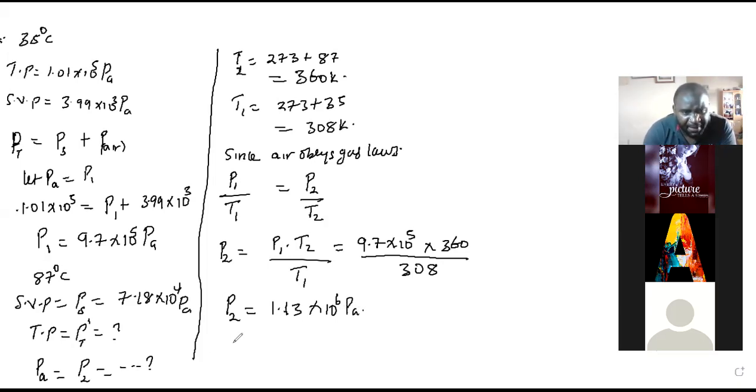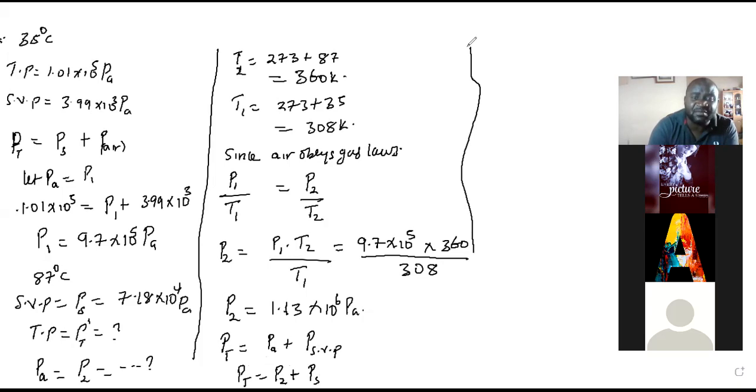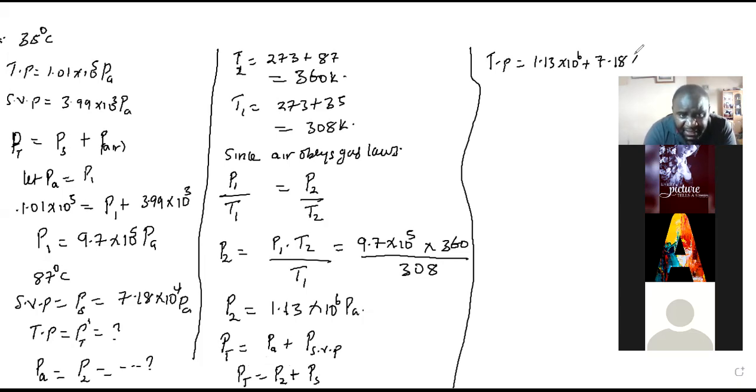So remember, total pressure is got from the pressure of the air plus the pressure due to saturated vapor. In this case, total pressure shall be pressure P2 plus the pressure PS of our saturated vapor at 87 degrees Celsius. So total pressure shall give us 1.13 times 10 to the power 6 plus the saturated vapor pressure at that instant, 7.18 times 10 to the power 4. What is the total answer we get?